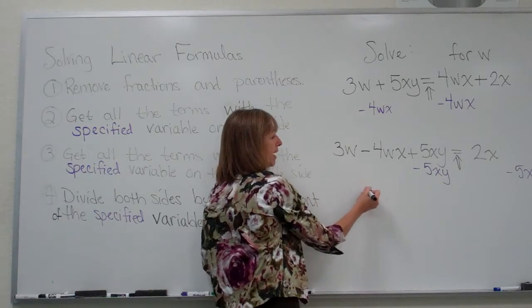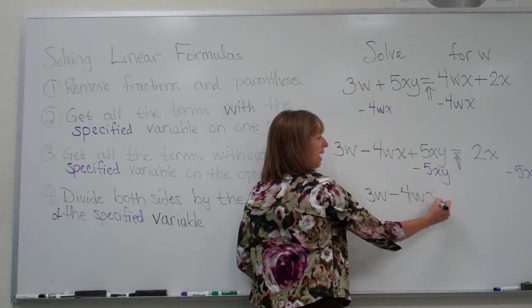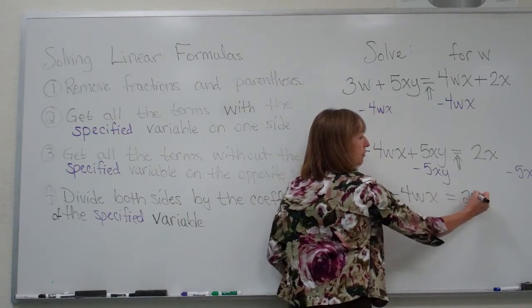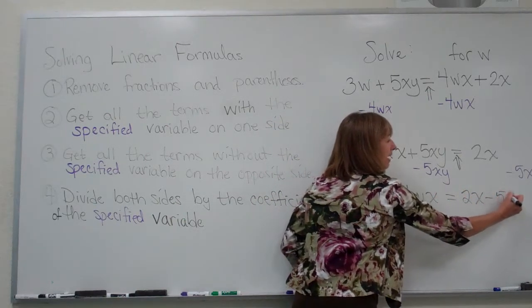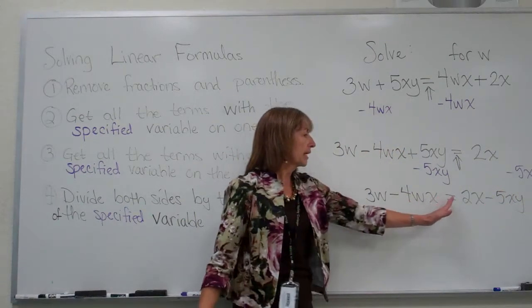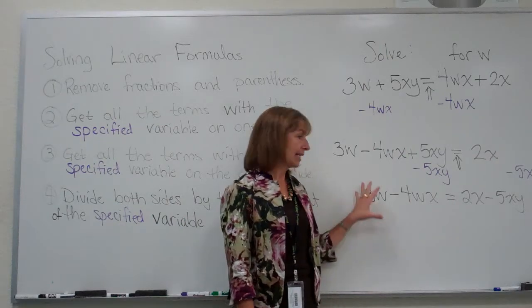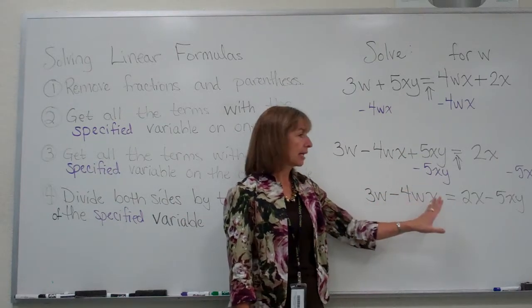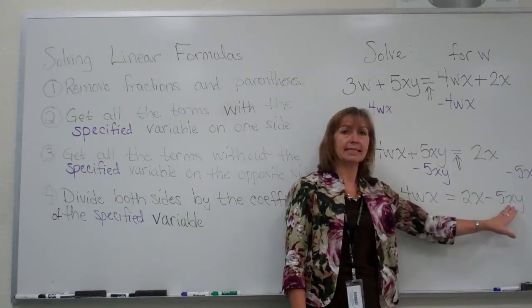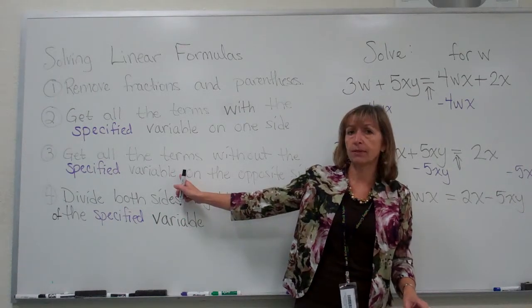So then I have my 3w minus 4wx is equal to 2x minus 5xy. So my equal sign is here. All the terms on the left-hand side have a w in it, and all of the terms on the right-hand side do not have a w in it. So we've gotten to our step 3.